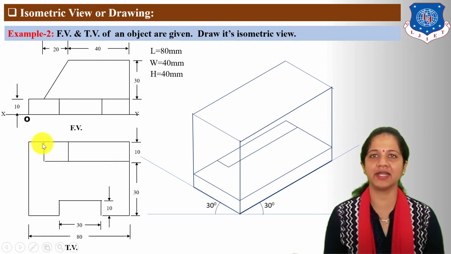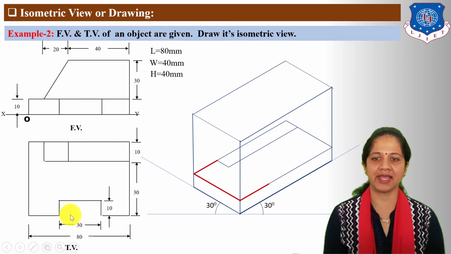Next draw 20 mm length line, 40 mm width line, 25 mm length line. Here the length of this portion is given 30 mm and total length is given 80 mm.